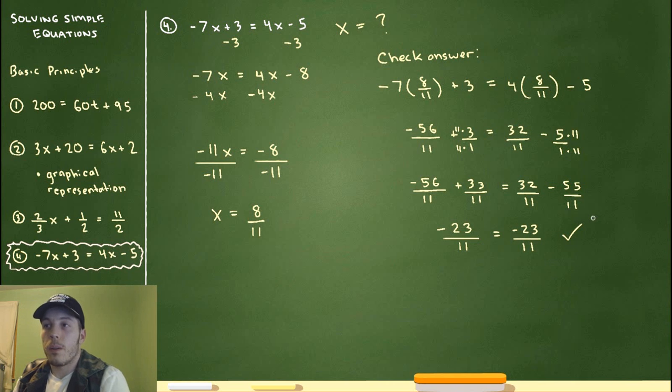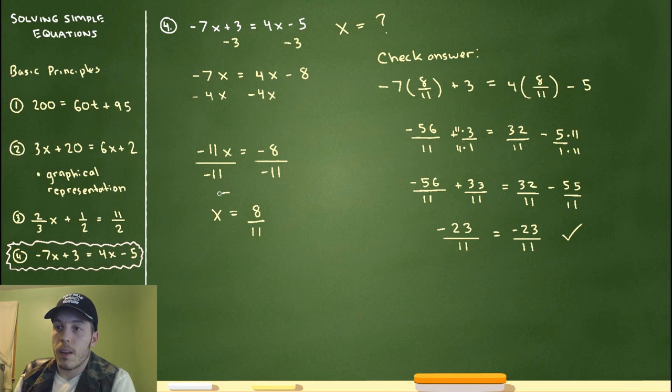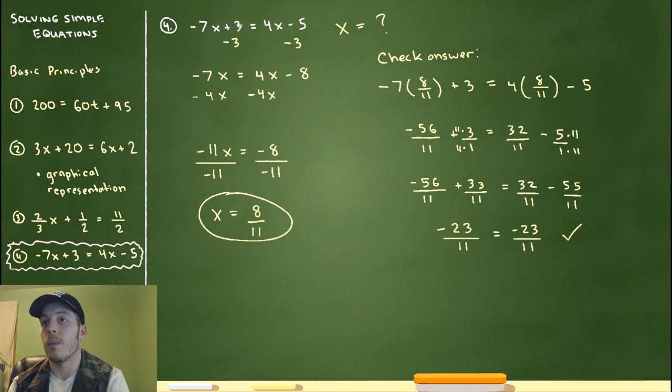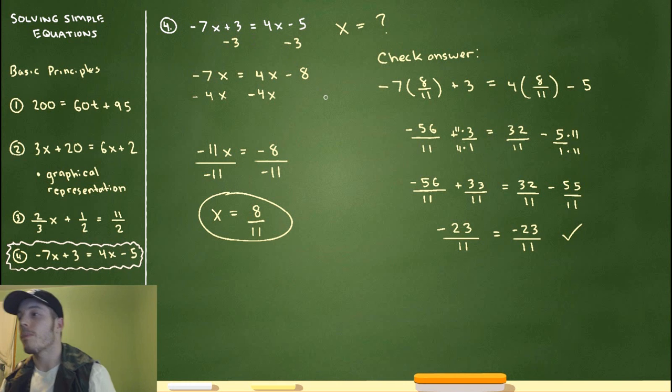So that is a true statement. So we know x is equal to 8 over 11 is indeed the correct answer. This is the value that will make these two statements true, or it'll make this equation true.